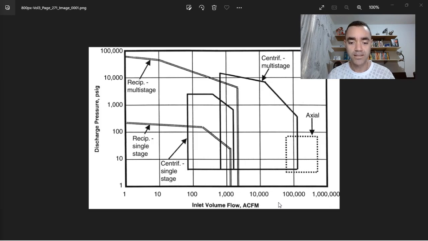So this chart is in actual cubic feet per minute and also PSIG. So the first thing to observe is that when we are dealing with the design of a compressor, most often we identify the flow based on a set of pressure and temperature, like standard flow, like normal flow.